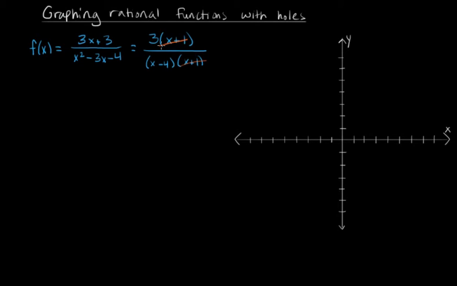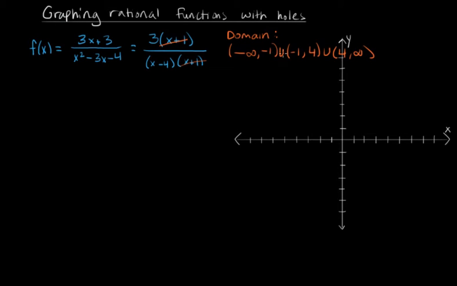It still is the case that if there's an x plus 1 in the denominator, you still can't have x equals -1. So the domain for this function is from -infinity to -1, from -1 to 4, and then from 4 to infinity.